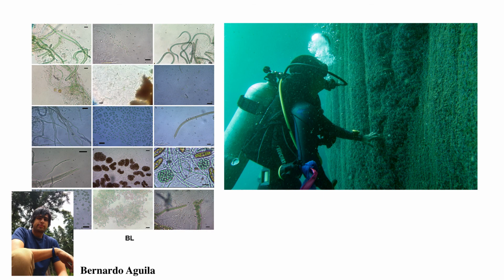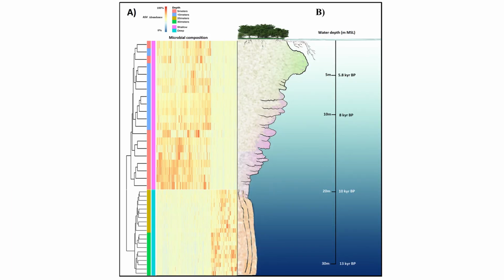And something that we are proposing is that the deep microbialites that grow in this blue sinkhole are older and relate to the origins of the lagoon system, going way back to 13,000 years ago, whereas the modern surface microbialites are under 5,000 years in age.